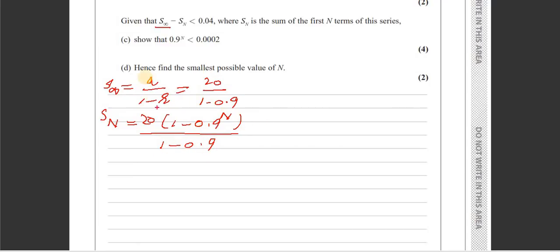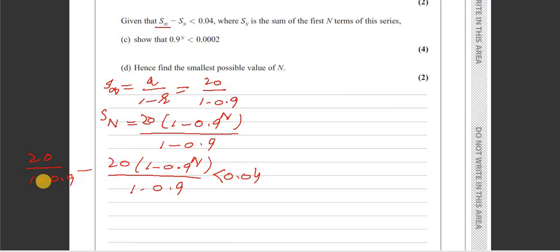And they are saying S infinity minus Sn is less than 0.04. So you can rewrite as 20/(1 minus 0.9) minus 20(1 minus 0.9^n)/(1 minus 0.9) is less than 0.04.